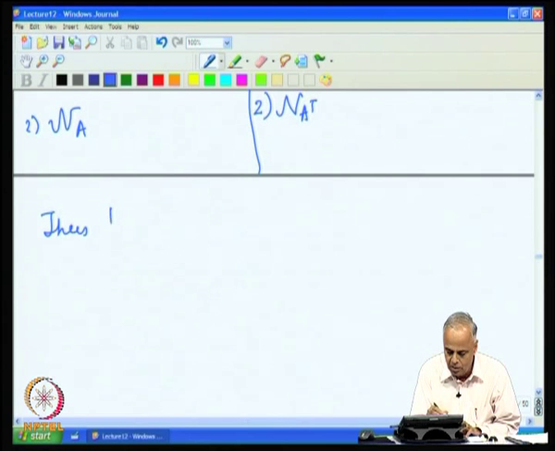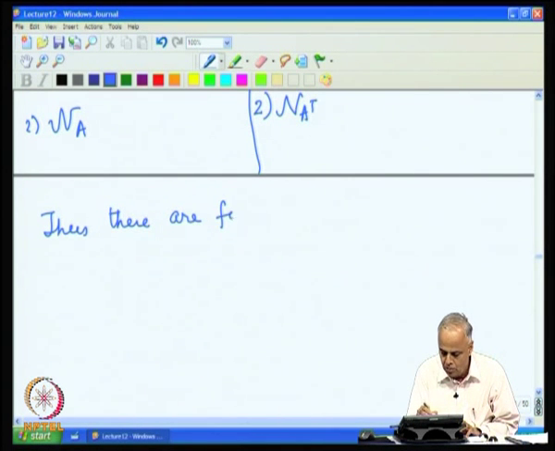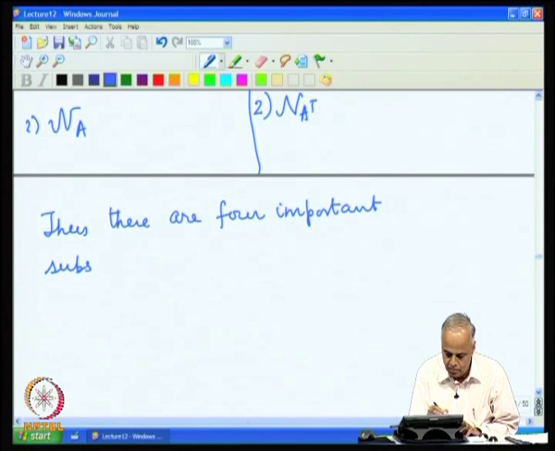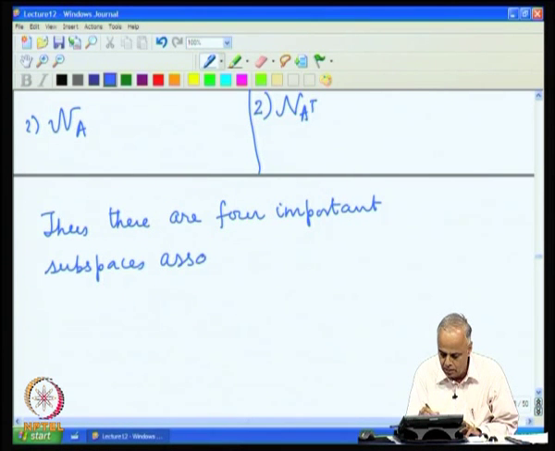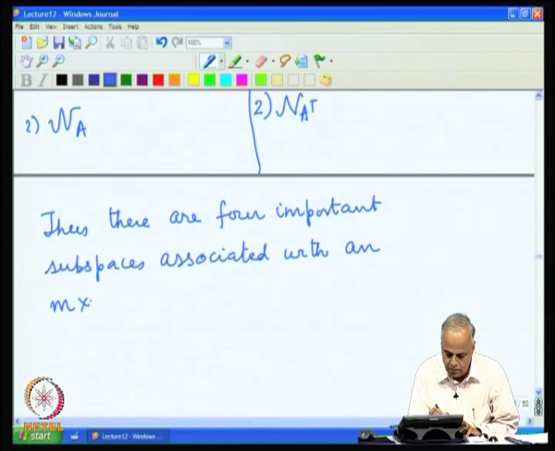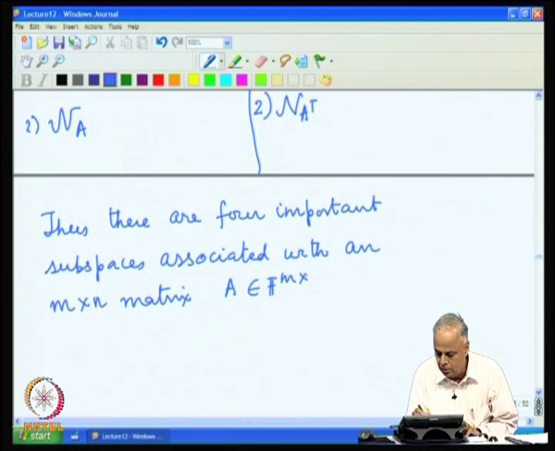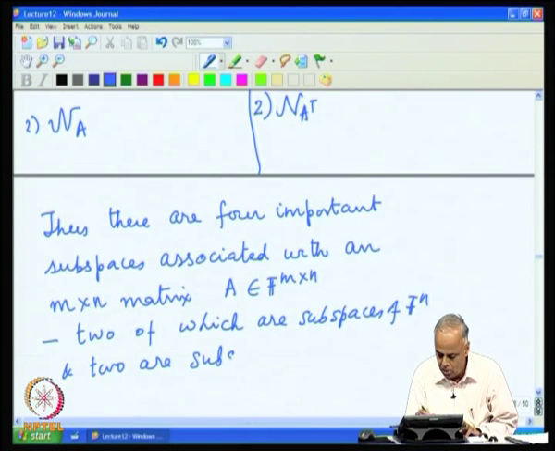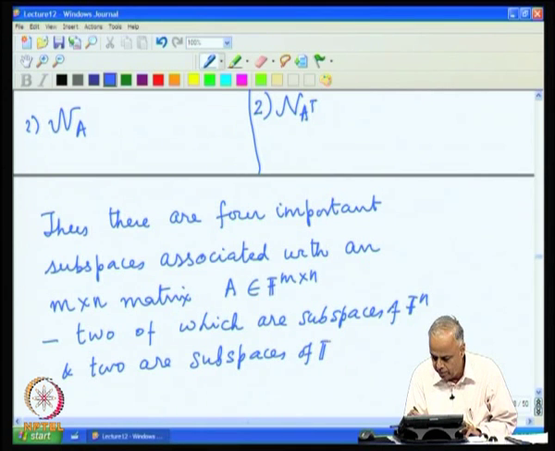Thus, there are 4 important subspaces associated with an m by n matrix, A belonging to F m cross n, 2 of which are subspaces of Fn and 2 are subspaces of Fm.